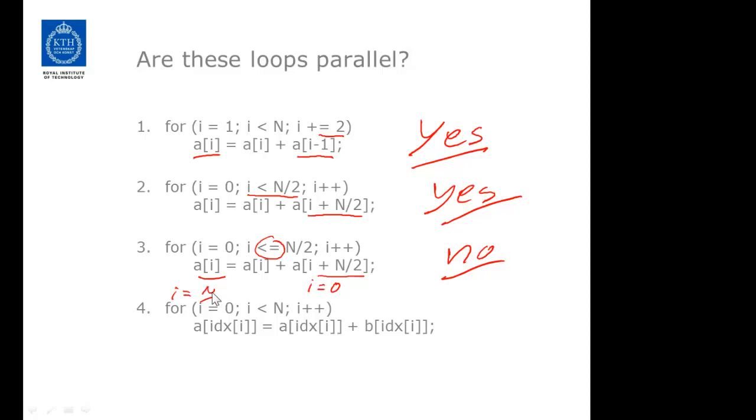Final example here. This loop uses array index elements going from I equals 0 to n minus 1. However, looking again at the criteria: array elements being written, yes. Can the elements be written by more than one loop iteration? The answer is we don't know, because the array element is indexed indirectly through an index array indexed by the I here.